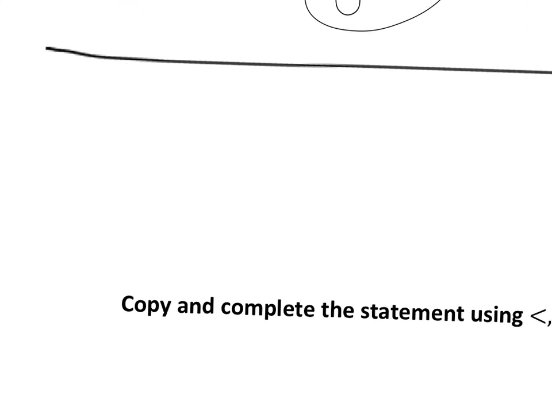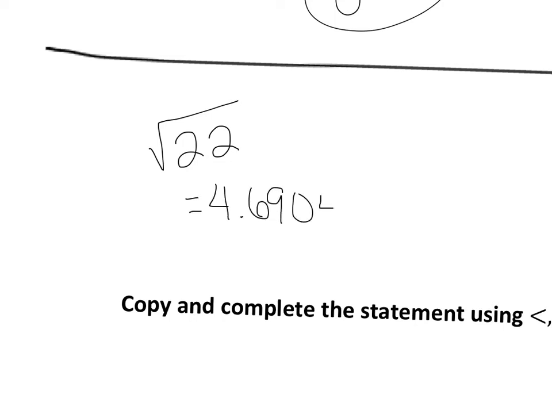Now, if we get into these square roots, let's say I have the square root of 22. If you plug that into your calculator, you're going to get a number that looks like 4.69041576. So when you're looking through those numbers, there is no pattern. There is nothing that's repeating.